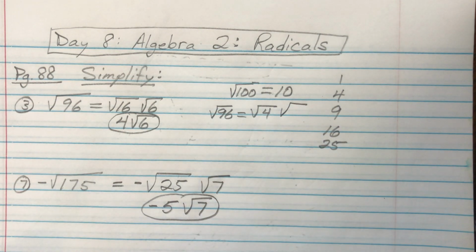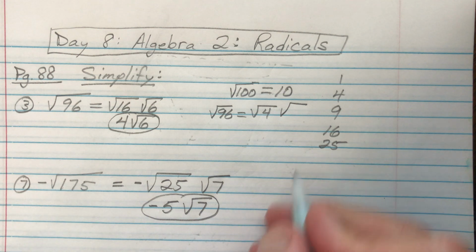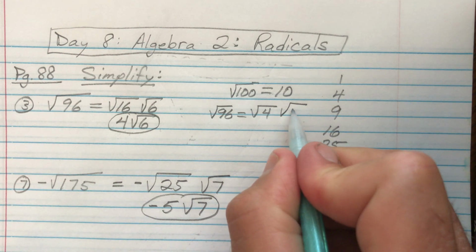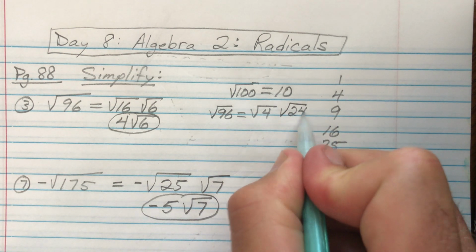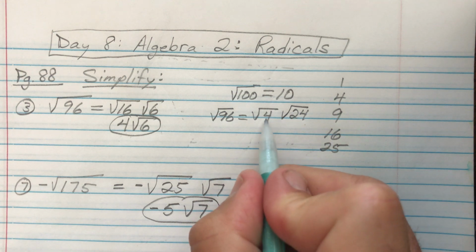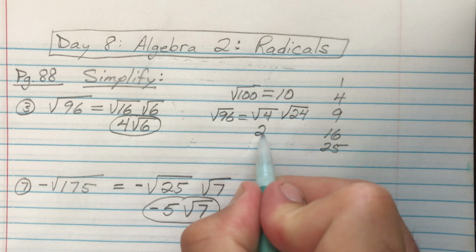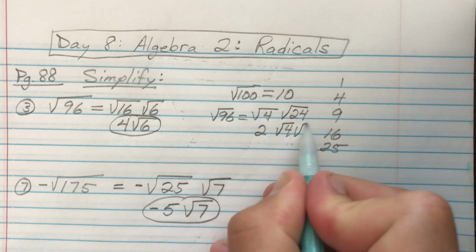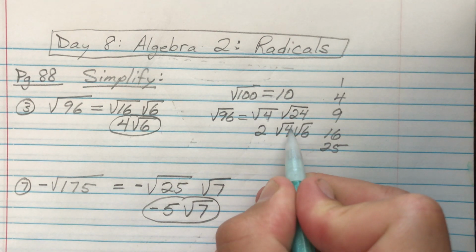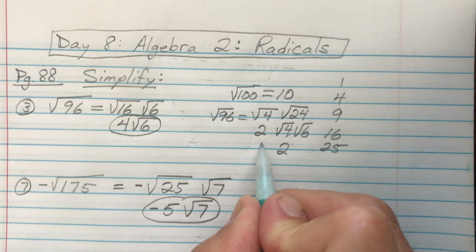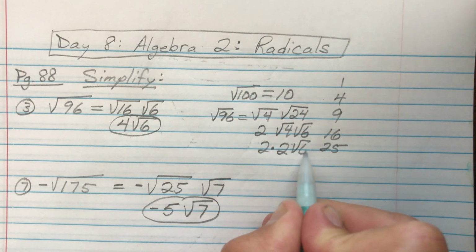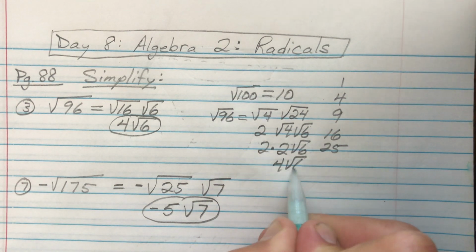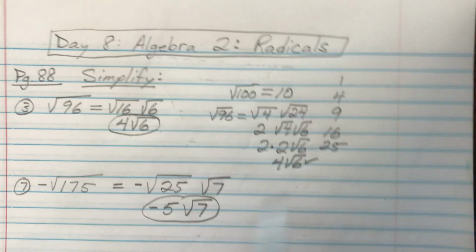It goes into it, let's think about this, 24 times. What I would have to do is simplify the radical 4, and then I would have to simplify radical 24, which is radical 4 times radical 6. Radical 4 is 2. So 2 times 2 is 4. 4 radical 6 is again our final answer.